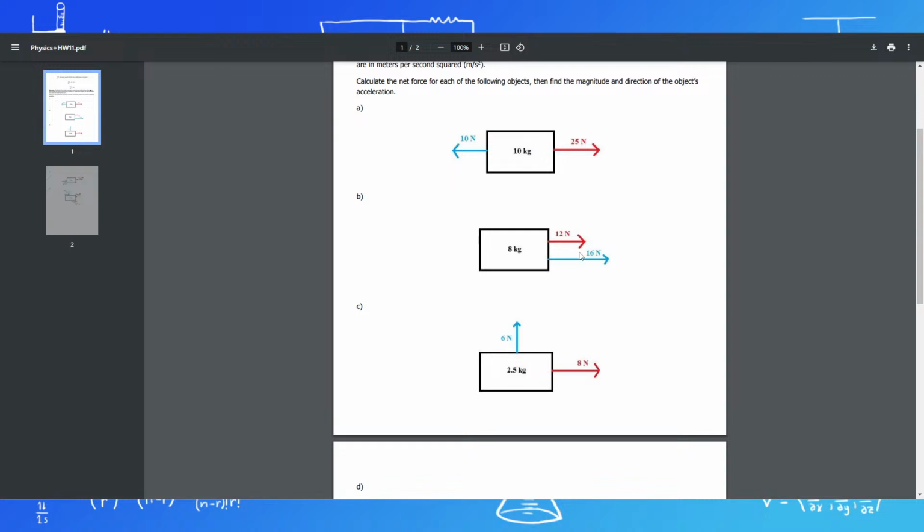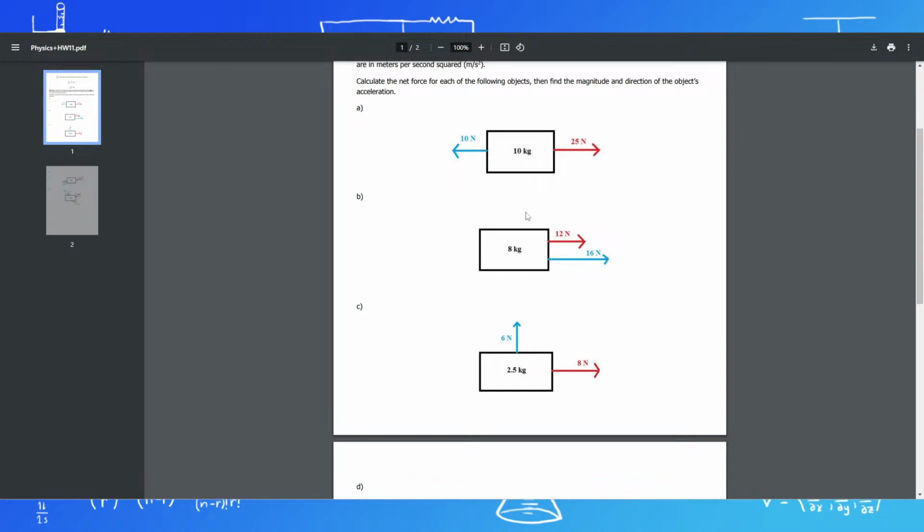Okay, part B, you've got a greater magnitude of net force. 12 plus 16 is 28, as opposed to the 15 in part A, so greater force and less mass, 8 kilograms versus 10. So I expect this to have much more acceleration compared to the box in part A. 12 plus 16, which is 28, equals 8 kilograms times acceleration.